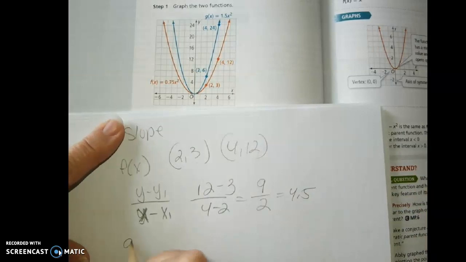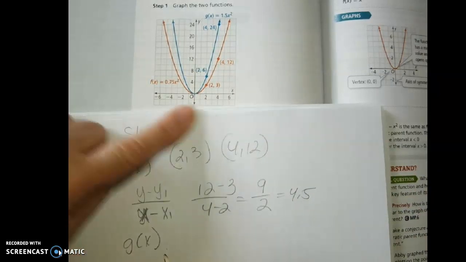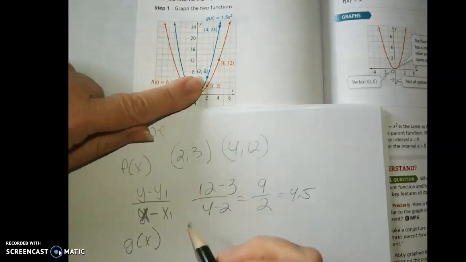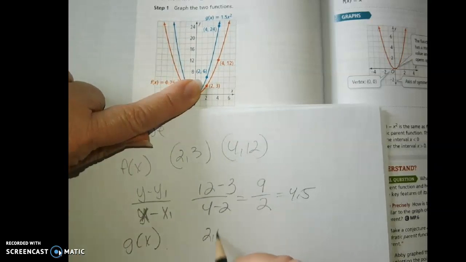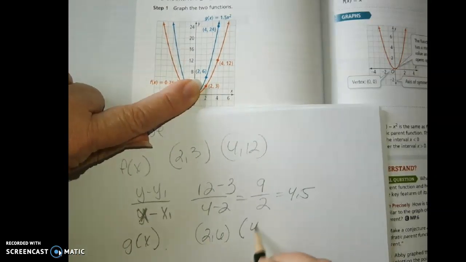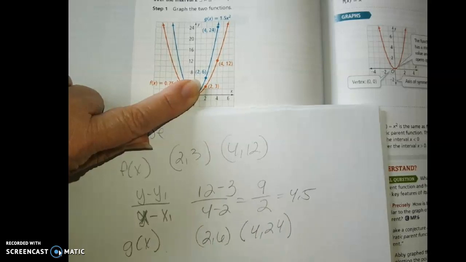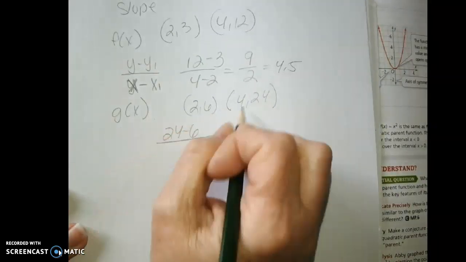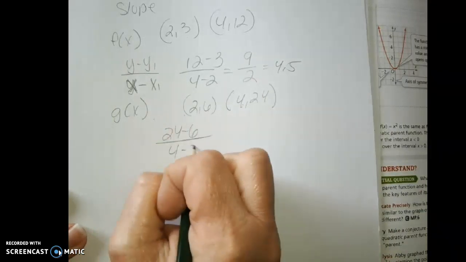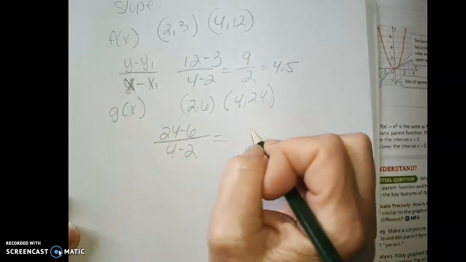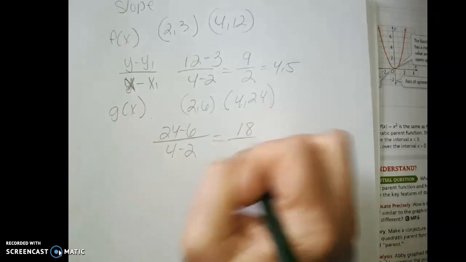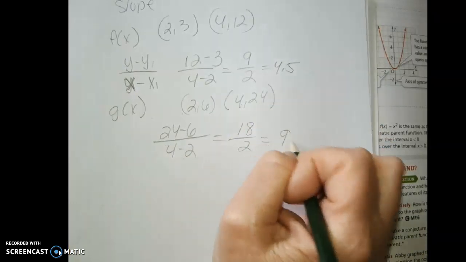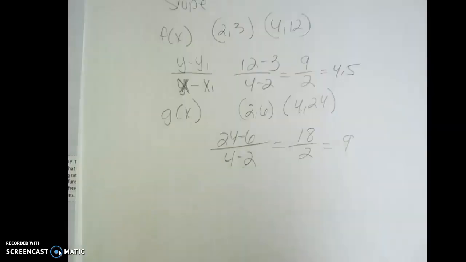And then when I do g of x, that is the blue one, and I have the points (2, 6) and (4, 24). Again, when I find the slope of that, I'm going to do 24 minus 6 over x minus x, which is 4 minus 2. 24 minus 6 is 18, 4 minus 2 is 2, so it has a slope, or the rate of change, of 9.